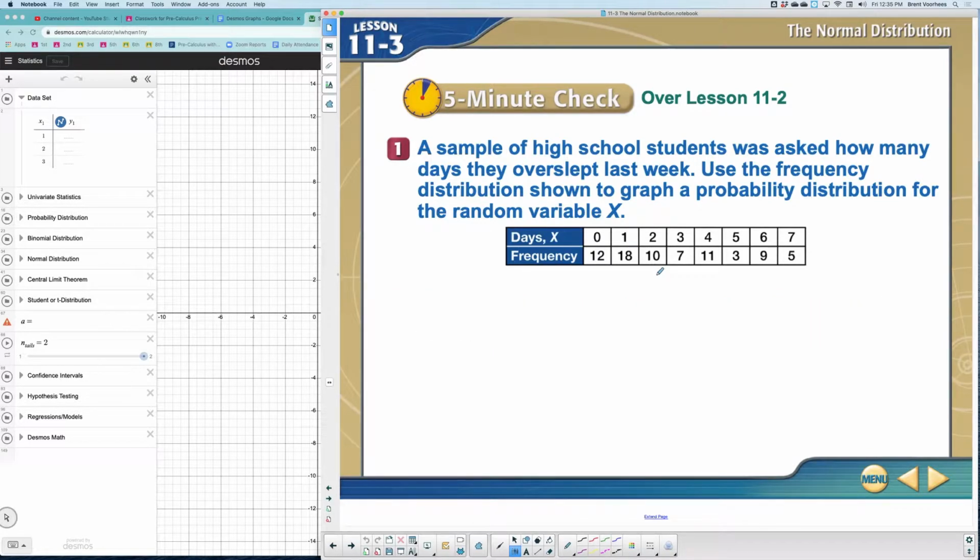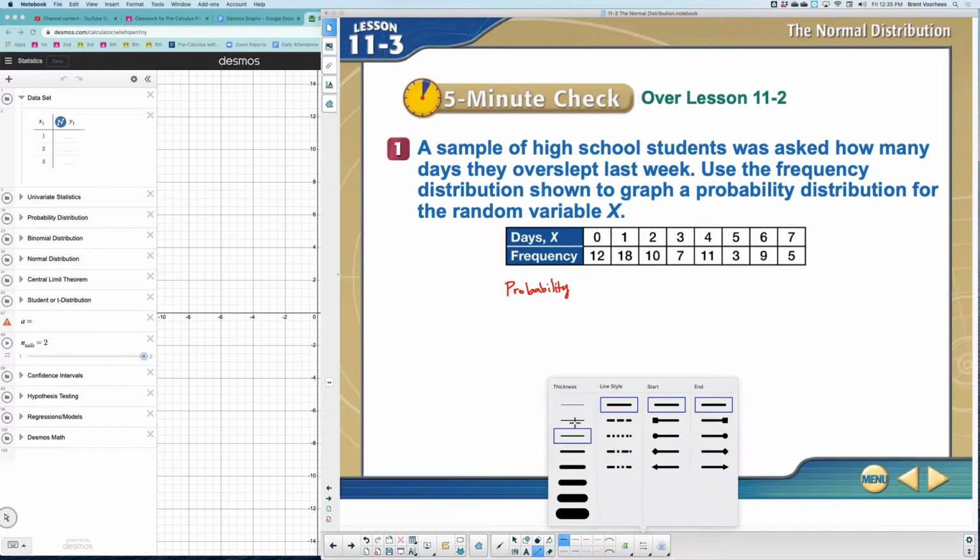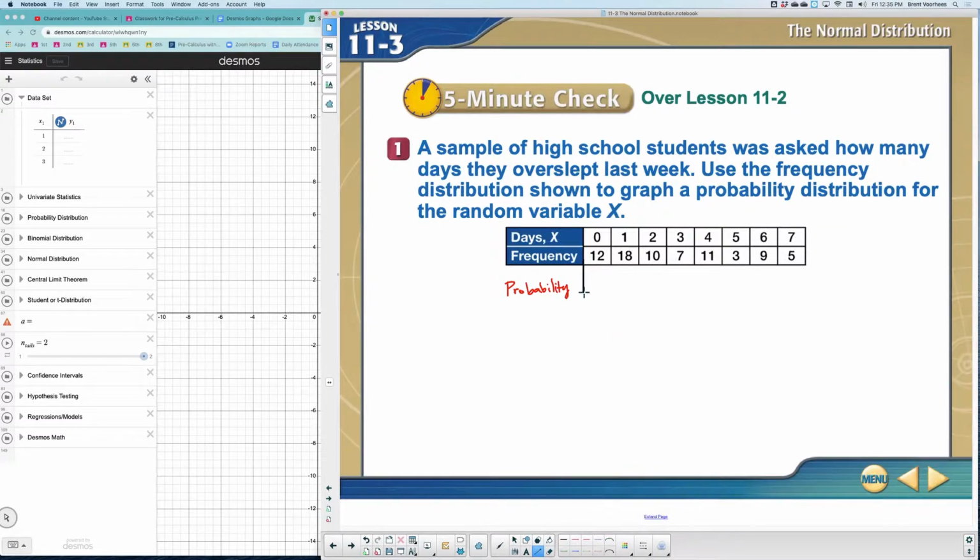And so on this particular problem, what I'm going to do is find the probability of each occurring. So the oversleeping 0 days, what's the probability of that? What's the probability of 1 day? And all those values going down. And so just to help me see this a little bit clearer, let me add some lines in here.